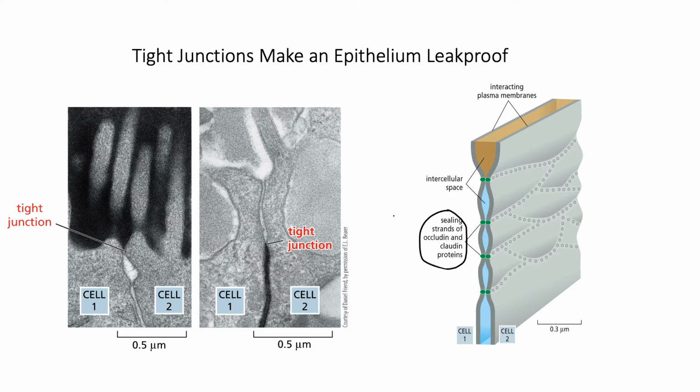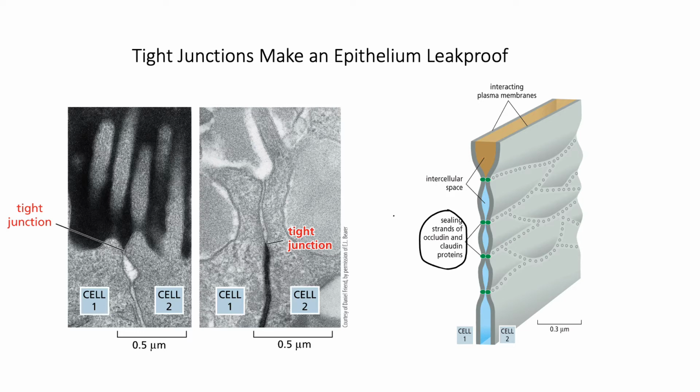Nothing can really penetrate between those two cells once it hits that tight junction. So those are tight junctions, basically to adhere cells together so tightly that nothing can pass through them.